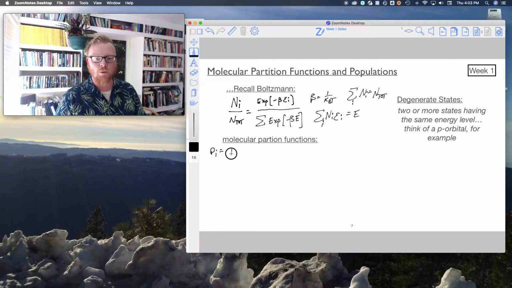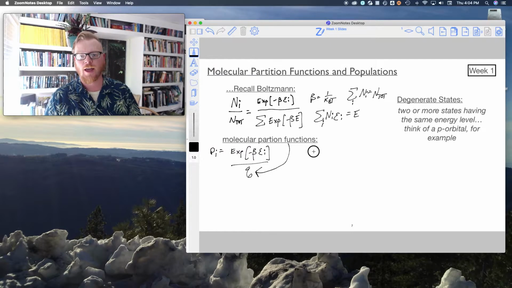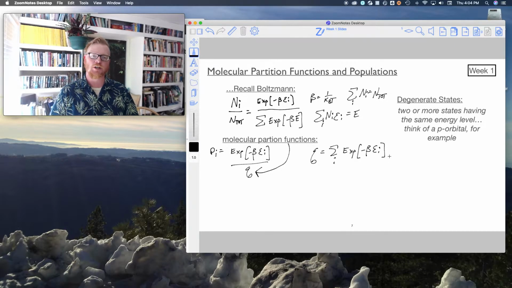And I'm going to say that equals exp of negative beta times energy, divided by Q, where Q is my actual partition function. Q is the partition function. And so that Q equals the sum of all of those states, raised to this exponential equation.